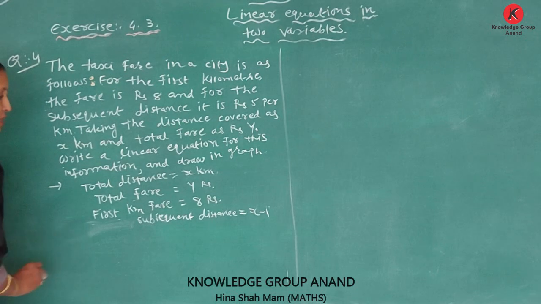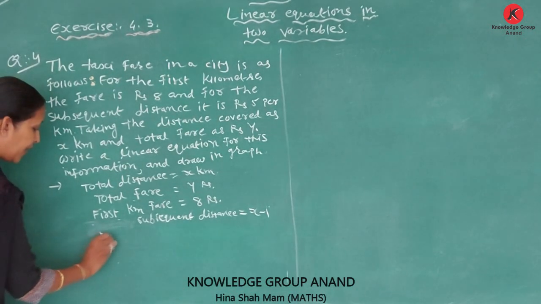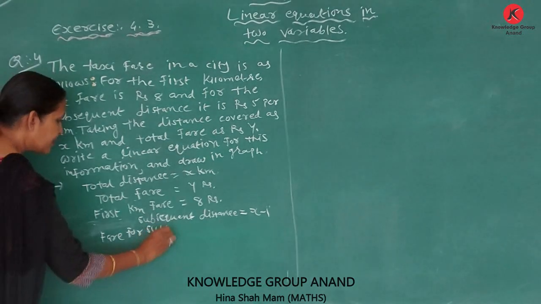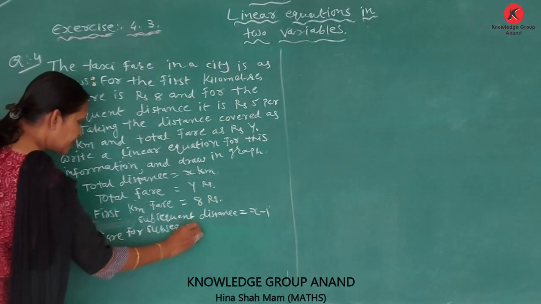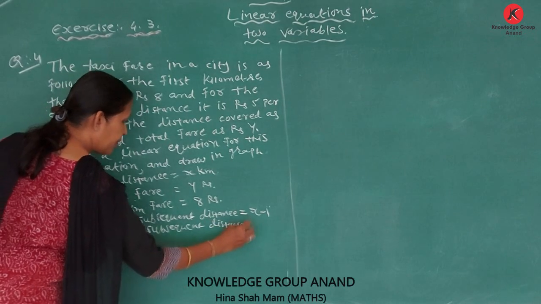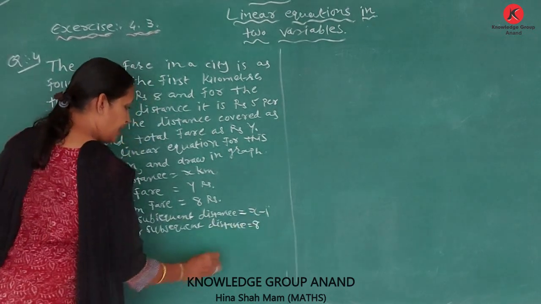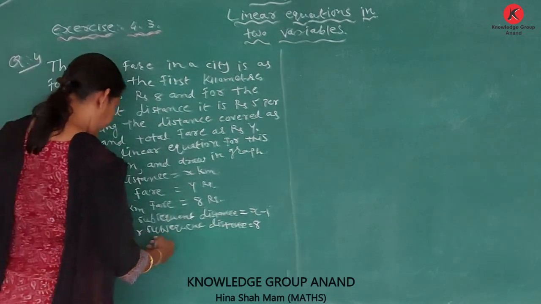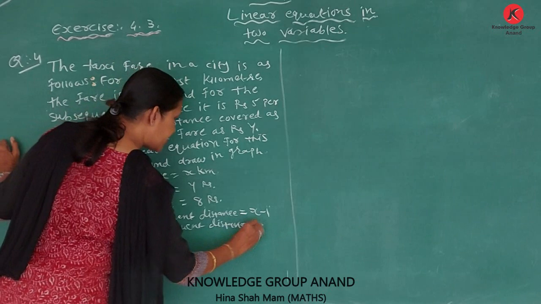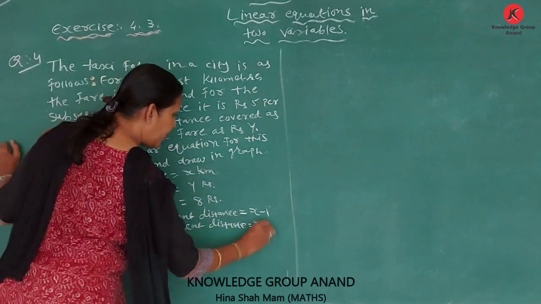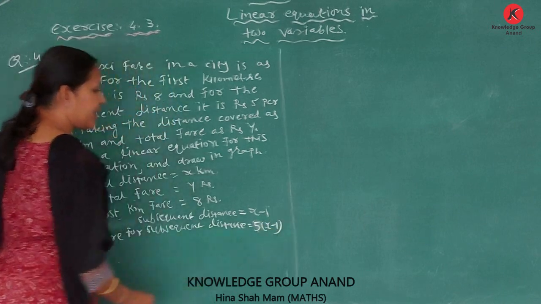The fare for the subsequent distance is 5 rupees per kilometer, so it is 5 into x minus 1.